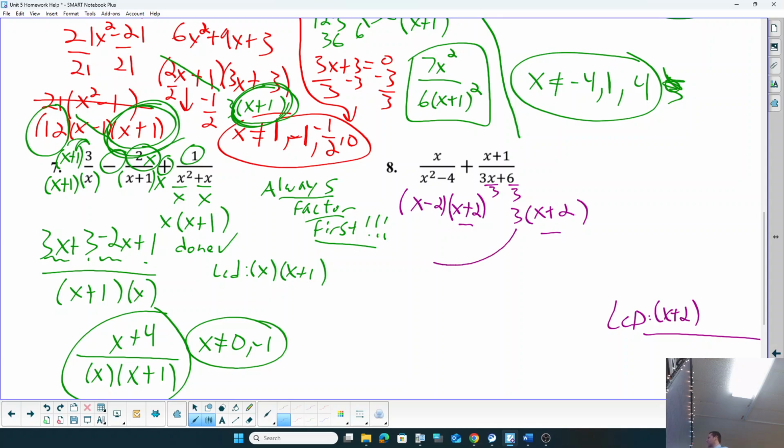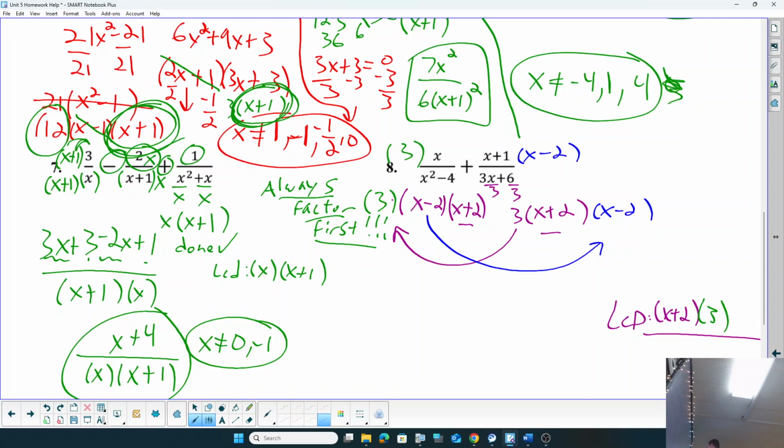Then we take this 3 and multiply it to the top and bottom, so 3 is also part of the LCD. This side is missing an x minus 2, to the top and bottom, and that's also part of our common denominator. So that's all 3, similar to the test.